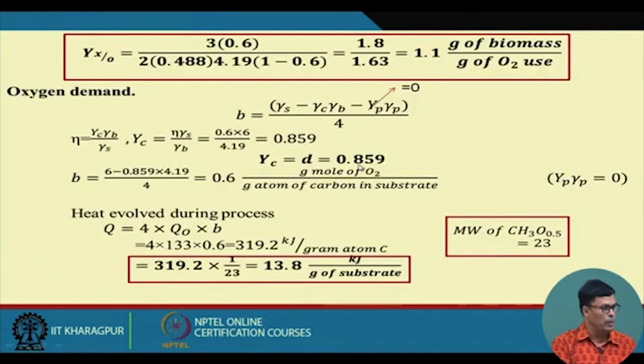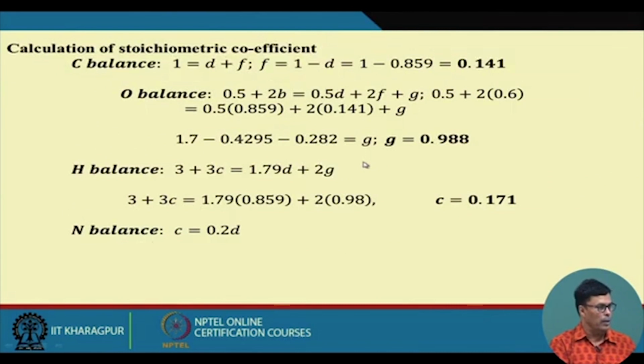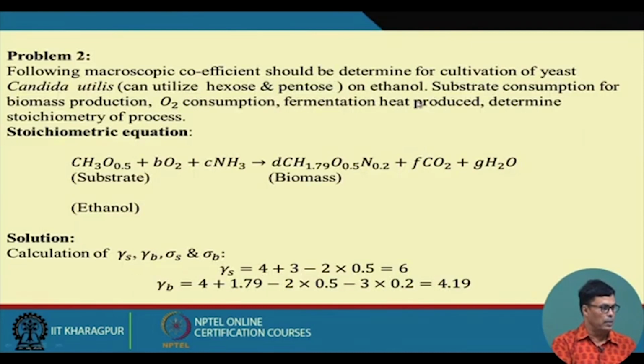This is YC. We have YC as zeta sigma S by sigma B. YC is nothing but D. This is equal to 0.859, and if we subtract this from 1, we will get the F value. We get about 0.14.